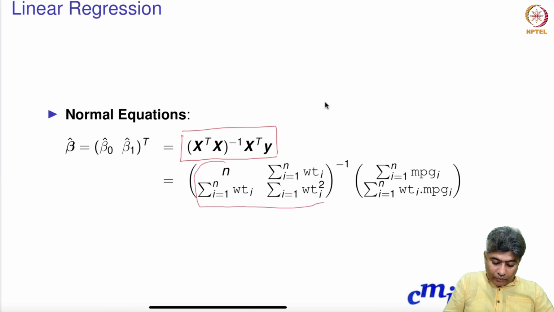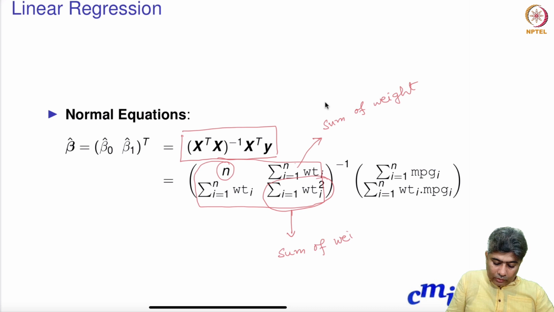The first element is n, the second element is the sum of the weights, and this is also the sum of weights, and this is the sum of weights squared.